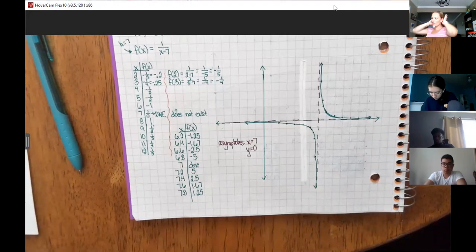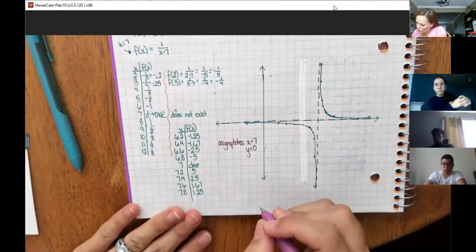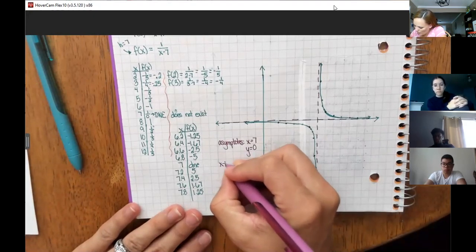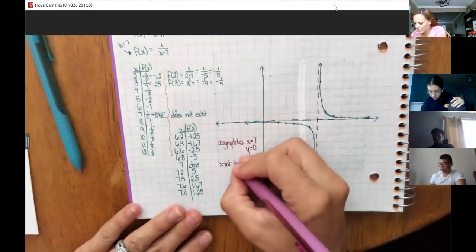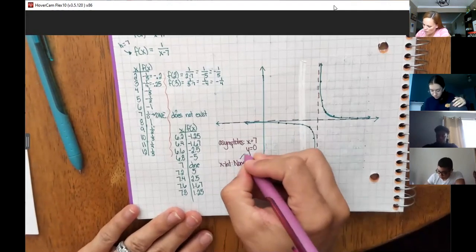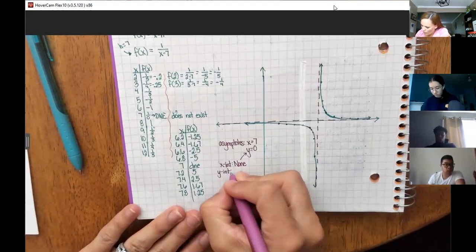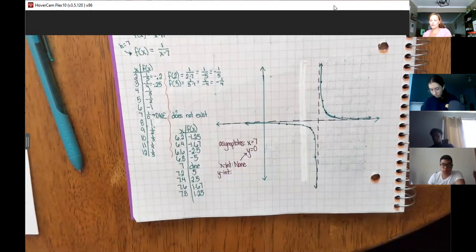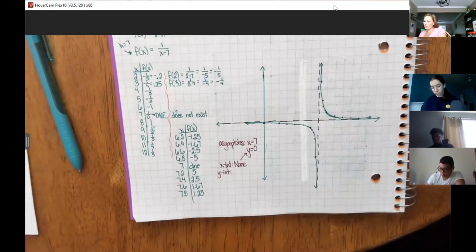So a couple of other things. x-intercept, where does it cross the x-axis? There is none, because that's where we have our asymptote. Our y-intercept is going to be this point right here, which we don't necessarily know, but we can easily find it.